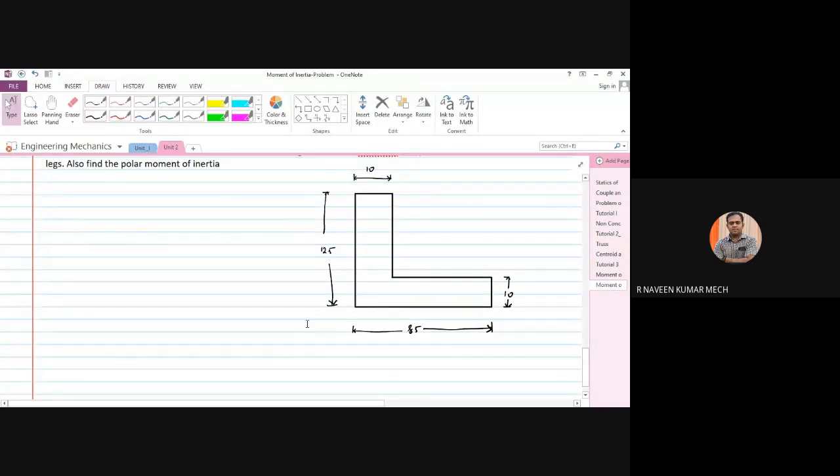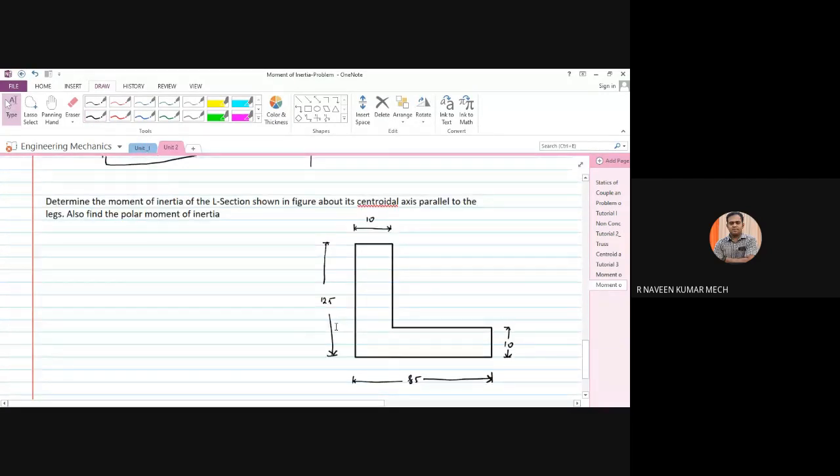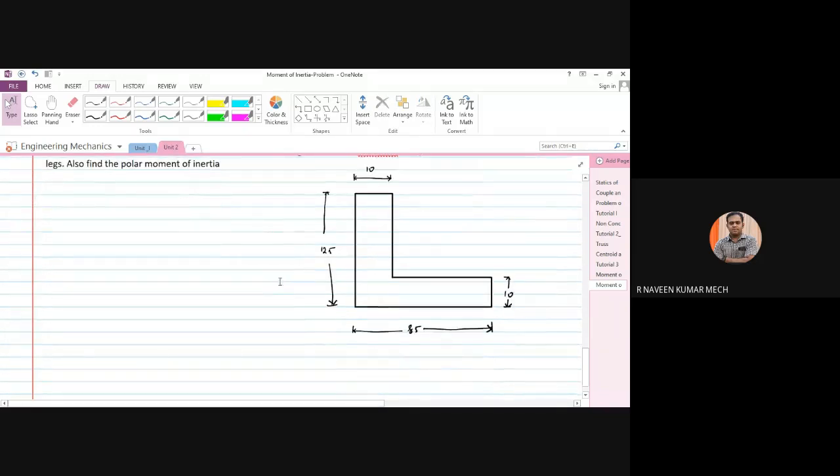For the L section, we want to find both the moment of inertia and also the polar moment of inertia.